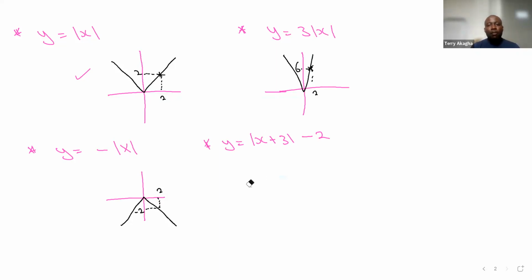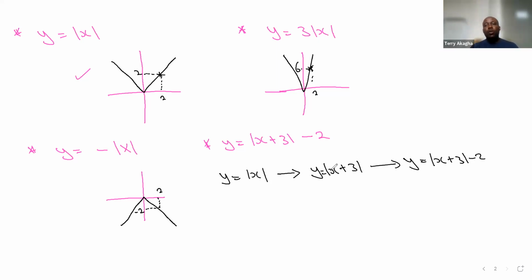So the graph were 2 transformation here. So normally the graph we had was this, then it was transformed to y equals modulus of x plus 3. Then it was now transformed to y is equal to modulus of x plus 3 minus 2. Okay, so that means we have 2 transformation here.